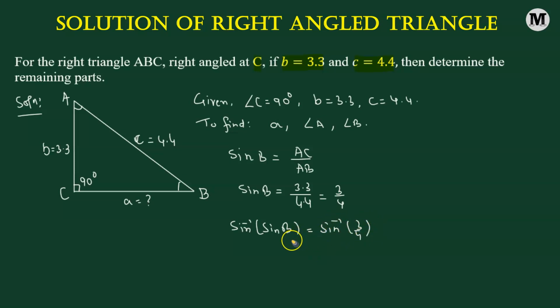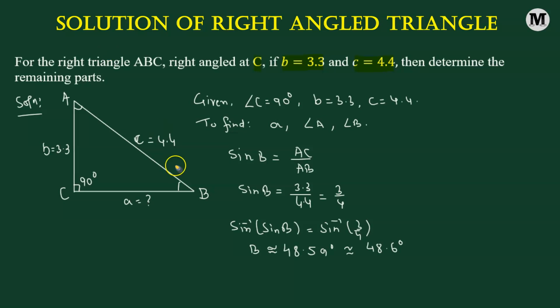Now sine inverse of sine of B is simply going to be B. So B is going to be sine inverse of 3 over 4. Let's use the calculator to compute this value. So B comes out to be approximately 48.59 degrees, or we can round it off to the nearest tenth to get 48.6 degrees. That is the angle measure of B.